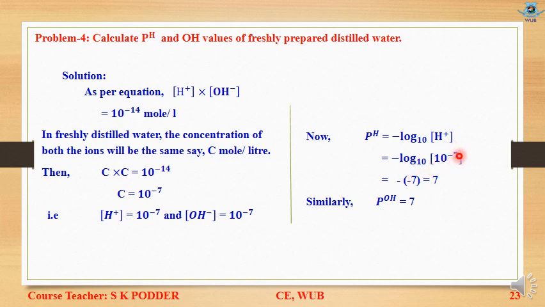Then the power comes down in front, and this minus comes here, and log 10 base 10 is equal to 1. So from this we get minus minus plus, that is 7. Similarly, pOH is equal to 7.